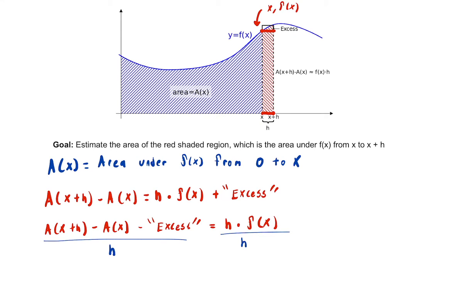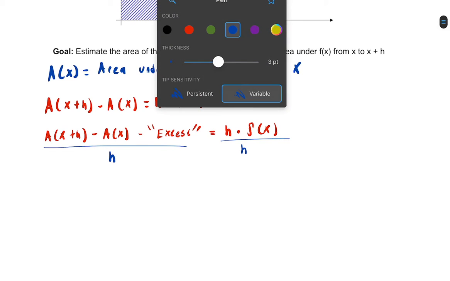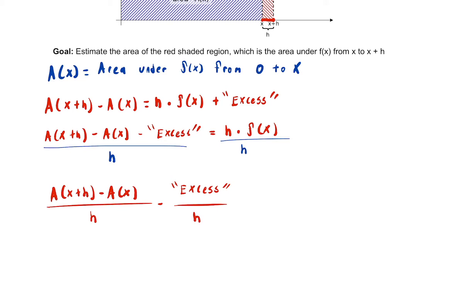And what we would wind up with, on our next line, is A of x plus h minus A of x, all over h, I'm just splitting this up a little bit, minus that excess piece over h, is equal to f of x.